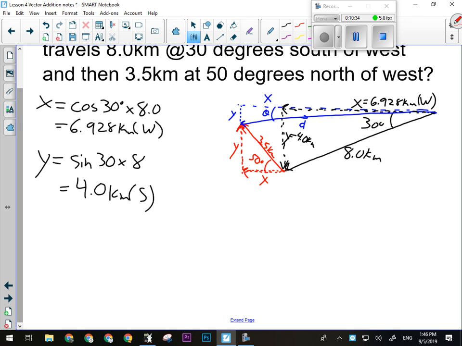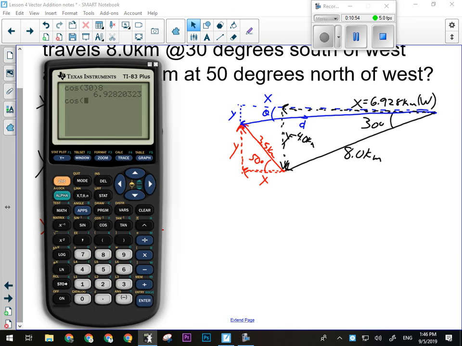Okay, so if I want to find red x, it just happens to also be adjacent to my 50-degree angle. So which trig function will I use? Cos. So I'll go cos of 50 degrees times 3.5 this time. All right, so we got 2.250. That's what I'll write, but I'm going to keep all the decimals.